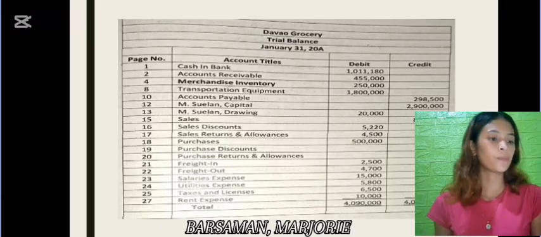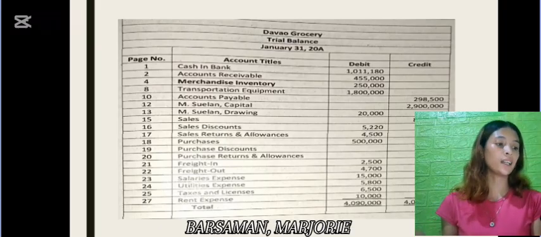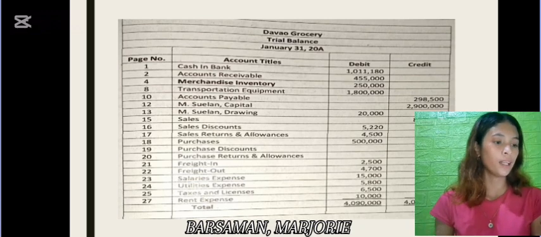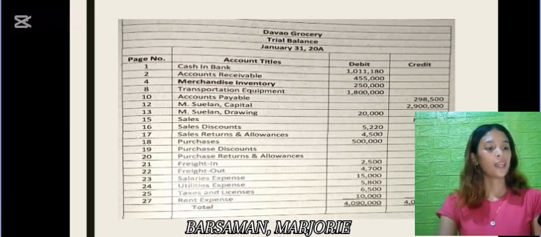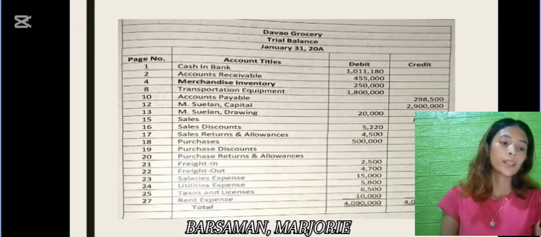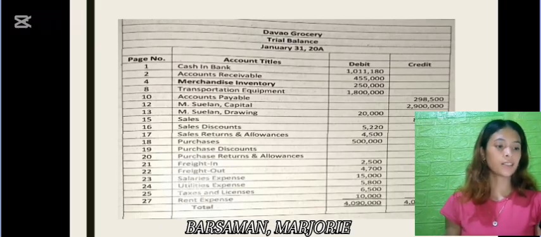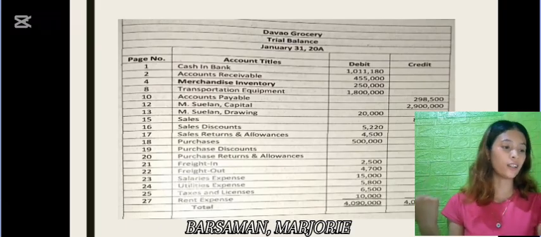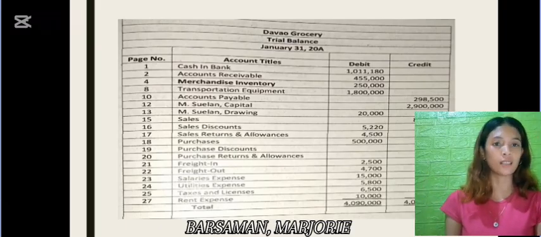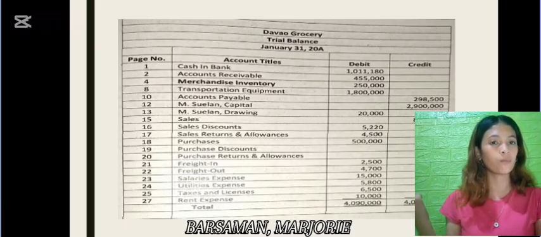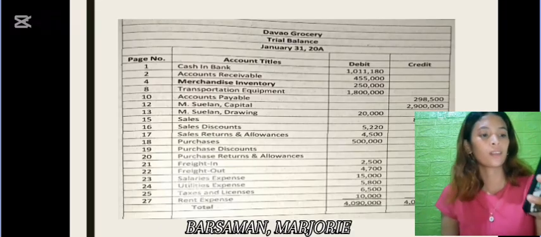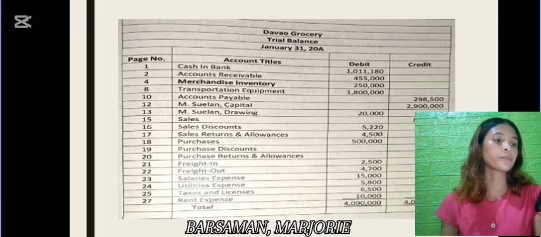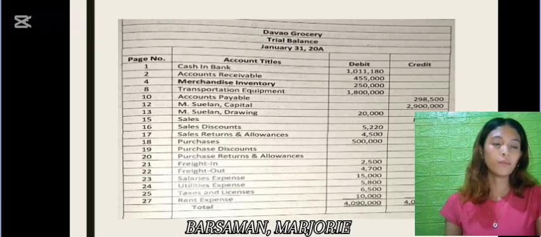The assets here are cash in bank, accounts receivable, merchandise inventory, and transportation equipment. The liability is accounts payable. The equity accounts are M. Swelland Capital and M. Swelland Drawing. The revenues are all the sales accounts you see there, and the expenses are all the purchases accounts you see there.